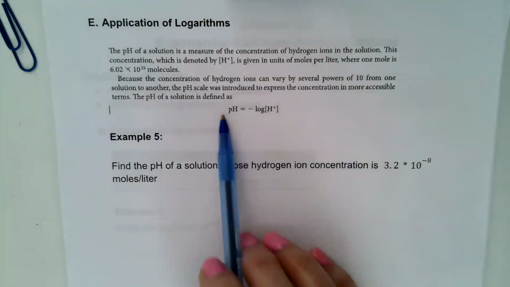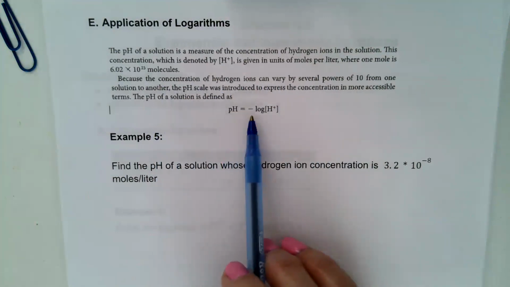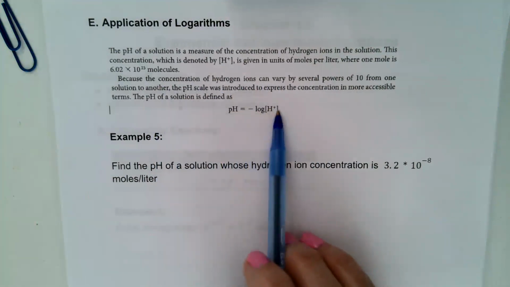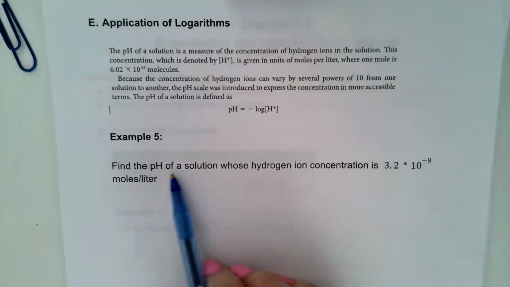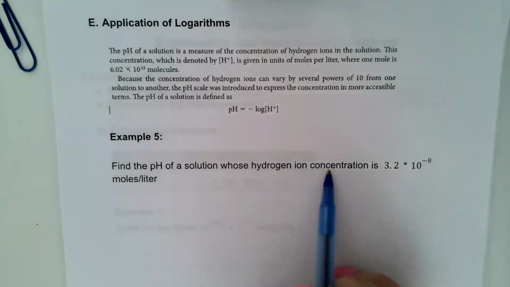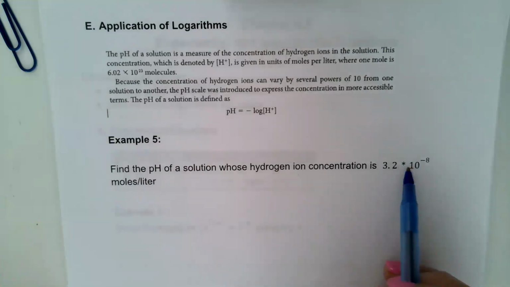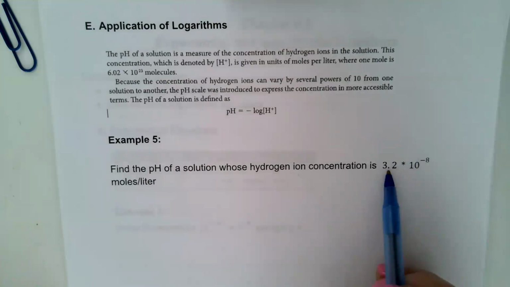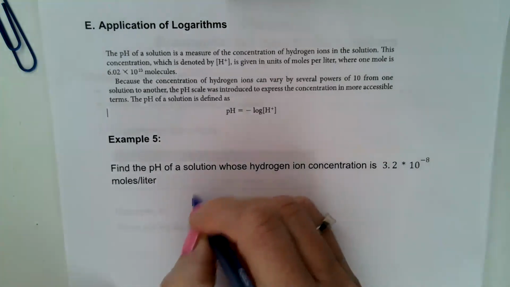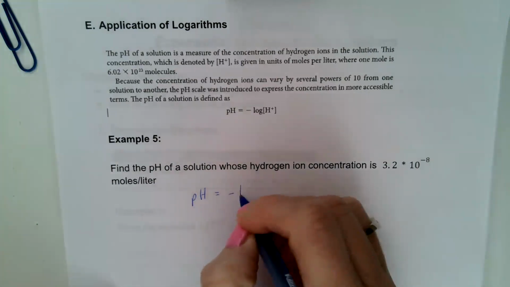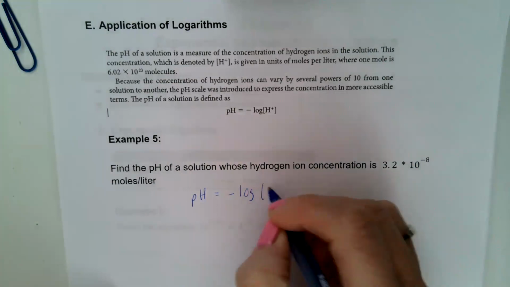So we can find the pH of any liquid by taking the negative log of the H plus, if we know the concentration. So it says find the pH of a solution whose hydrogen ion concentration is 3.2 times 10 to the negative 8 moles per liter. So we're going to find the pH by taking the negative log of this number.